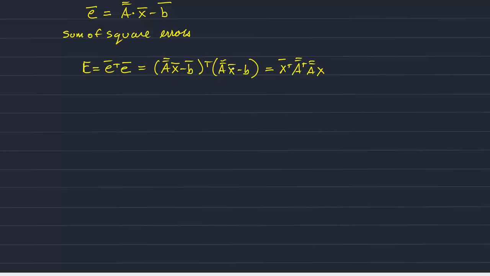So that's the product of the first two terms in the parentheses, minus the first term in the left parentheses times the second term, and that's X transpose A transpose B. And then we take the second term in the left-hand parentheses times the first term in the right, and that gives B transpose A times X. And then finally we take the product of the two right-hand terms, and that gives B transpose B. So I hope you're starting to see some of the power of linear algebra.